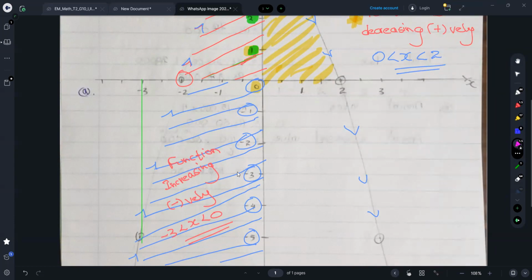Then this part, if they ask us to write the x values for which the function is decreasing negatively, decreasing, -1, -2, -3, -4, -5. -5 is smaller than -4. -4 is smaller than -3. It means it is decreasing.